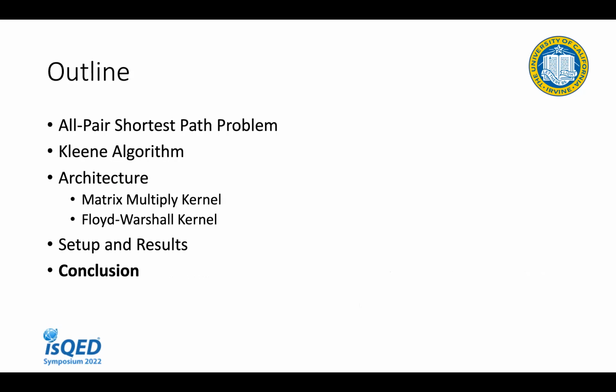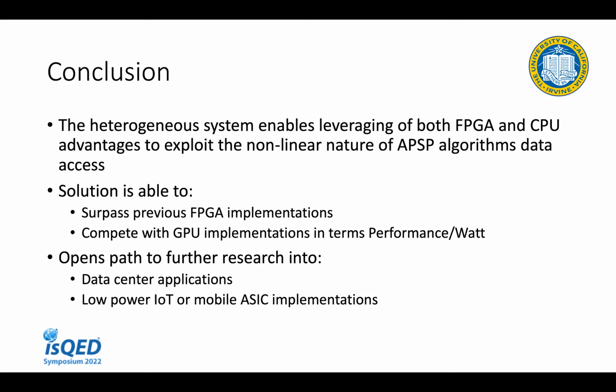Based on the results from our comparisons and from our data from our implementation, we can reach some pretty interesting conclusions. Due to the heterogeneous nature of our system, we are able to take advantage of both the CPU and FPGA's architecture to surpass previous FPGA implementations and compete with existing GPU solutions in terms of performance per watt.